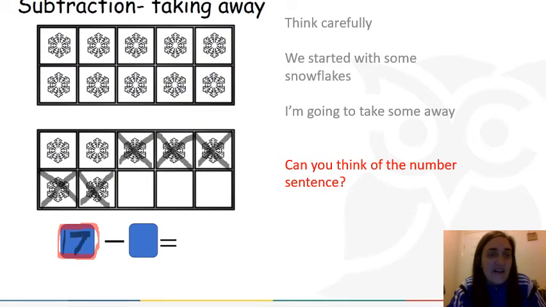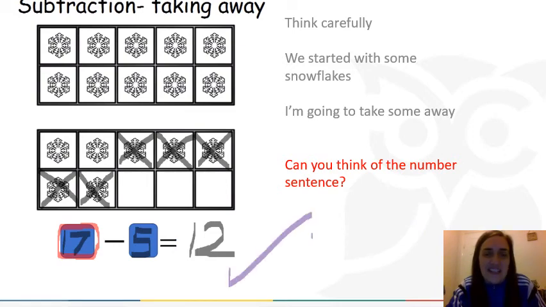Then we took away how many? 5. And we did take away 5. And what's the answer? How many are left? 12. A 1 10, and 2 1s. Did you get that? Please give yourself a great big tick and hopefully a nice big smiley face.